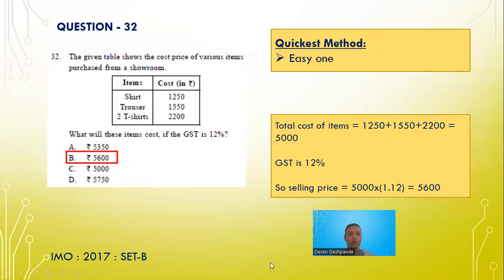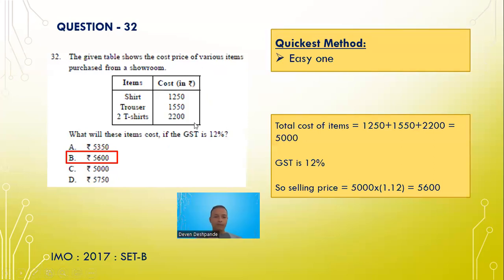Okay. The given table shows the cost price of various items purchased from a showroom. Items and cost: shirt 1250, trousers 1550, and 2 t-shirts 2200. What will these items cost if the GST is 12%? Again, easy one.